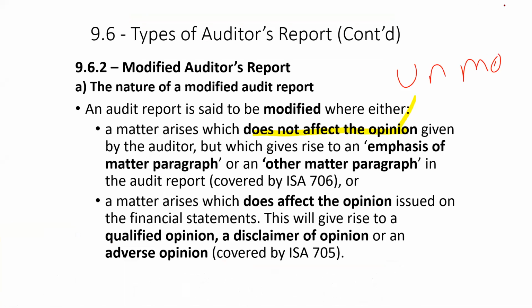However, the auditor will give an additional paragraph called the emphasis of matter paragraph or the other matter paragraph. So the fact that the auditor is bringing in an additional paragraph in accordance with ISA 706 makes the audit report a modified one. It makes it a modified audit report.